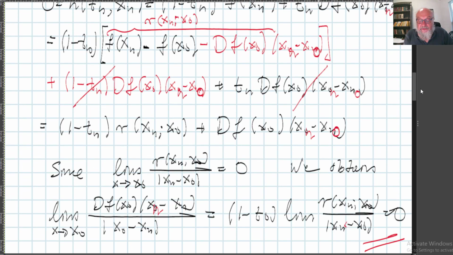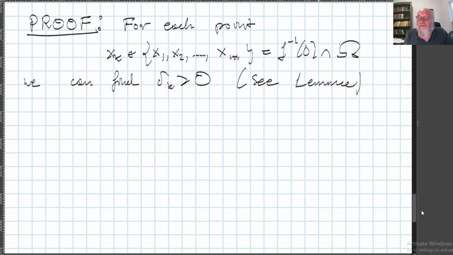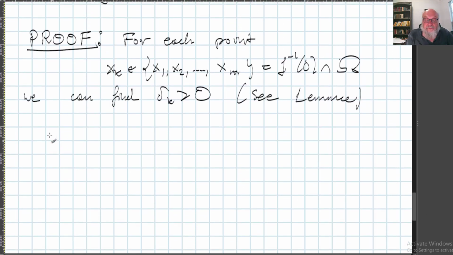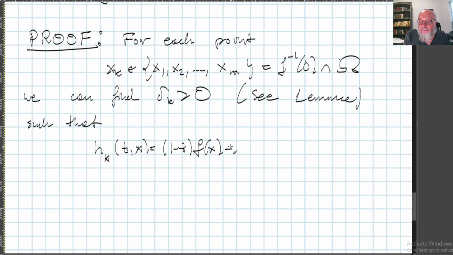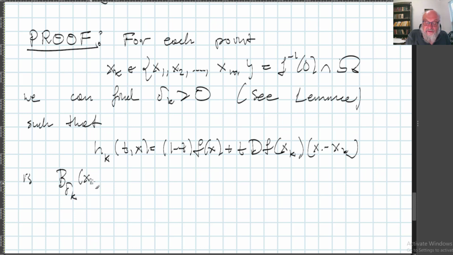So by the lemma, I have here the admissible homotopy hk, and this is h_k(t, x), which is equal to (1 minus t) f(x) plus t df(xk)(x minus xk), on B delta k of xk, an admissible homotopy.